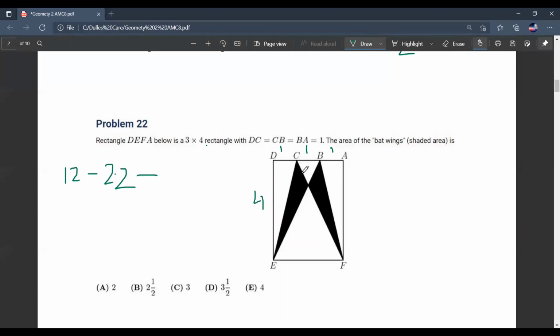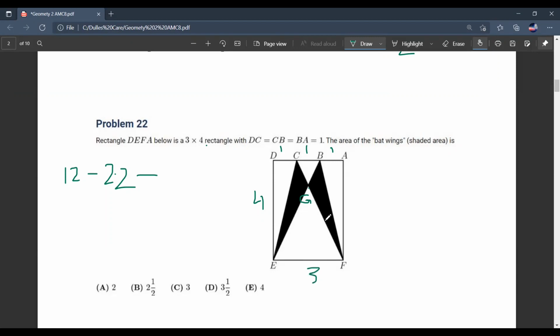And then minus, what's the area of CB, and this point, let's call it G. So what's the area of CBG? We're not exactly sure, right? Similarly, we can't be entirely sure of the area of EGF right now, because even though we know the base is 3, we don't know what the height is.